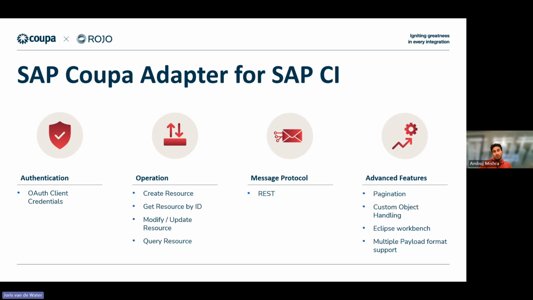It supports all the operations available in the standardized API of Coupa, and it also provides some advanced features like pagination, and it supports both JSON and XML format of data.